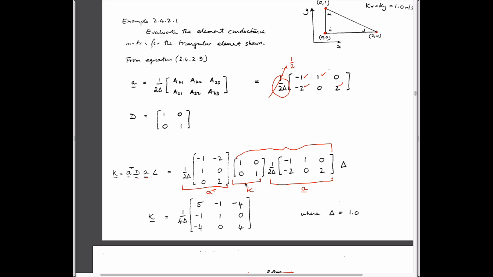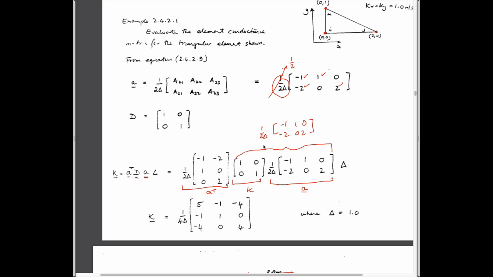This is the identity matrix. So you get 1 over 2 times the area multiplied by just -1, 1, 0, -2, 0, 2, right? So in other words, you multiply 1 by this and 0 by this and add the two together, you get the top line. Then you do it along the bottom line and you get 0 times this plus 1 times this, which is this term here. So you end up with this.